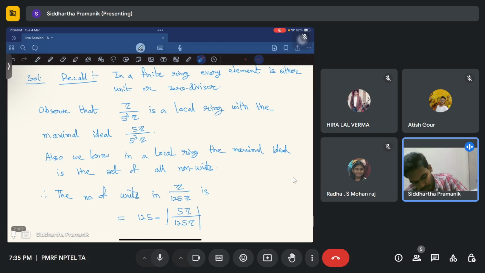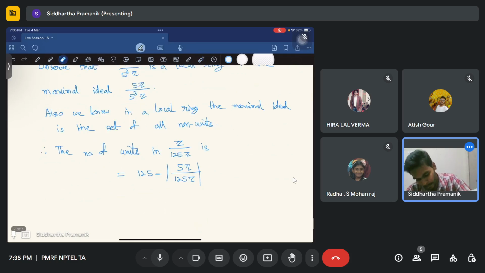So what is the cardinality of this quotient? So how many elements are there in this ideal? So this is something you should do. So Z mod 125Z is isomorphic to Z_125, right? So the cardinality is 125.